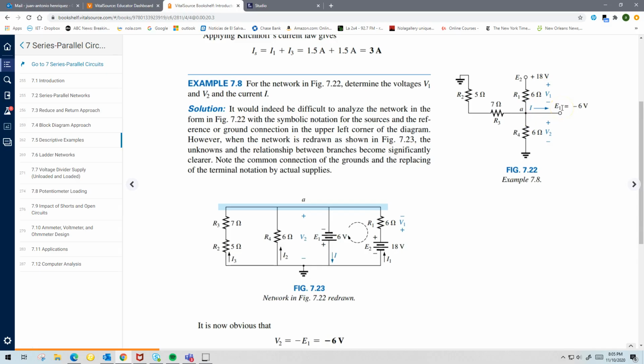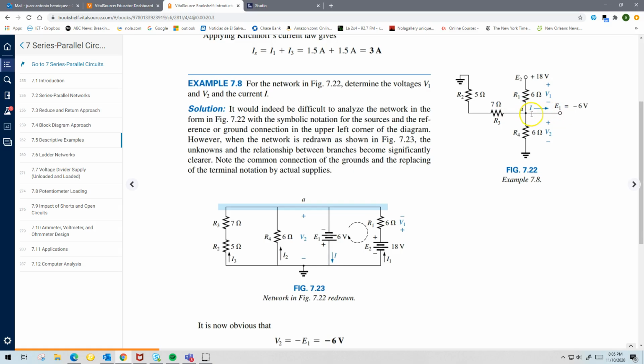It's important that you define those voltages and currents based on your circuit, so that you know you're going in the correct direction to solve the problem. All right. So notice here that everything is connected to node A. You can start by the source.